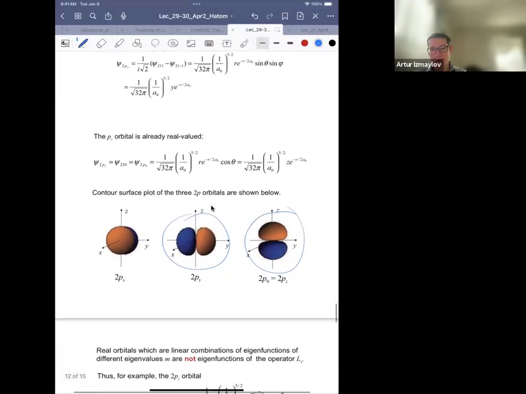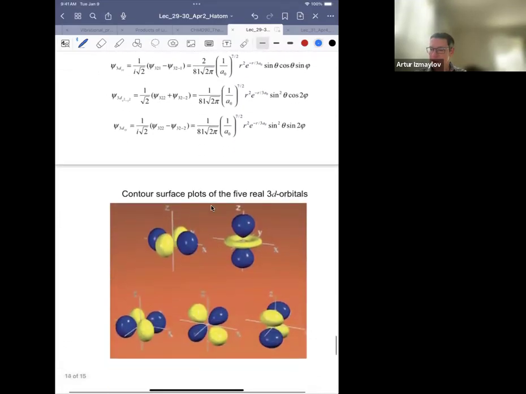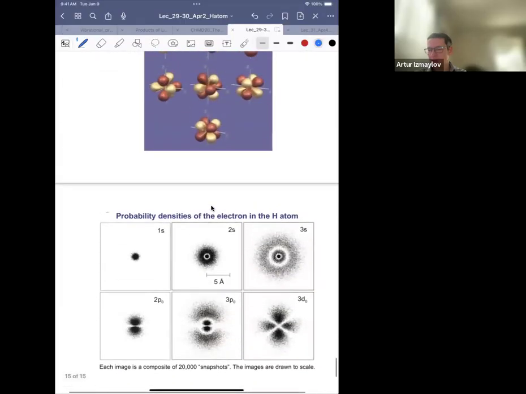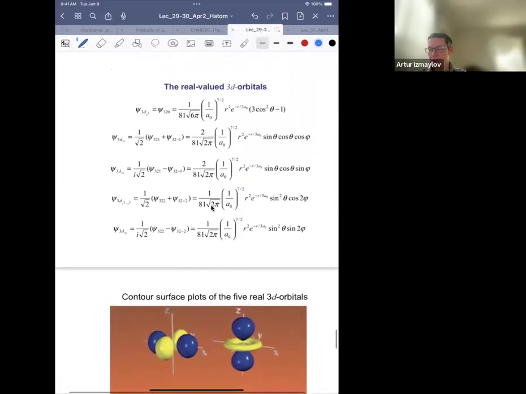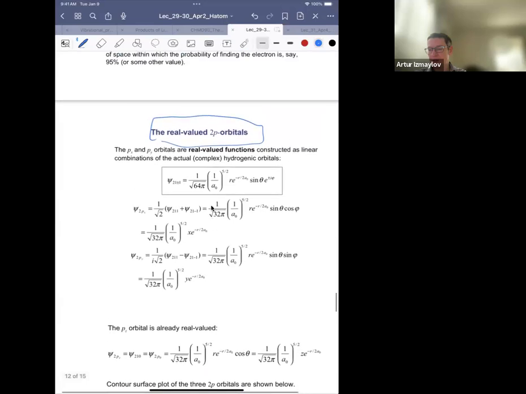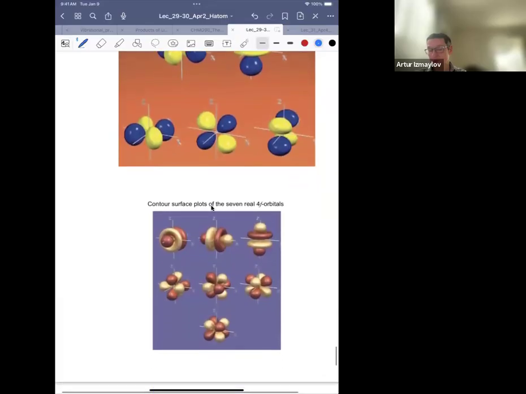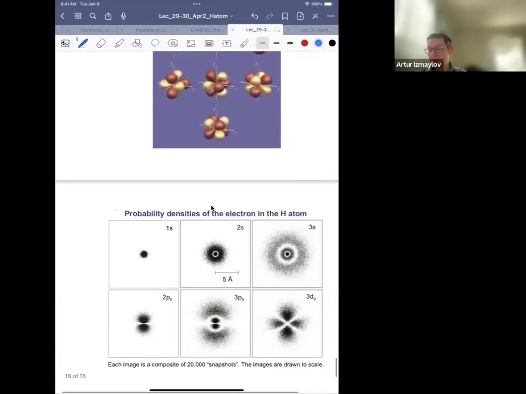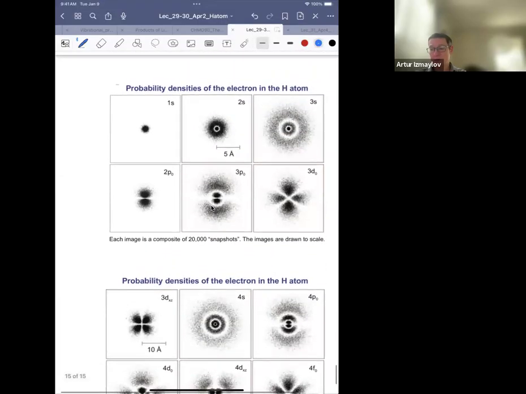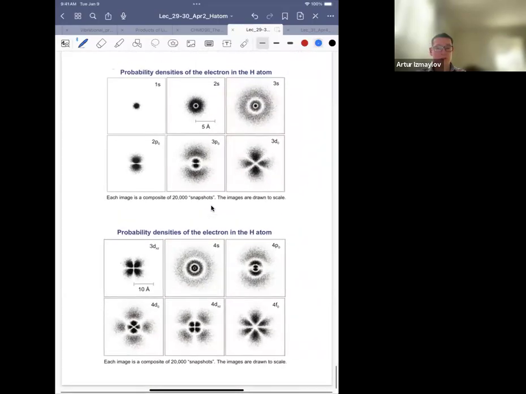All right, let's do a small break. Yeah, so this was about the radial component for D and other 2p, D, those things that you could look at, and even F, look yourself, and then probability densities from the experimental snapshots are given here as well, so you could take a look.